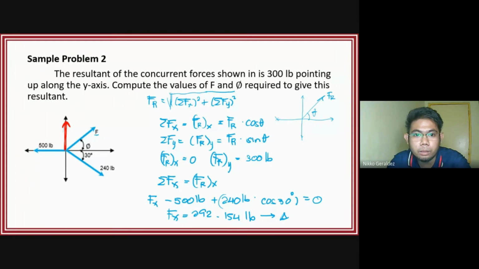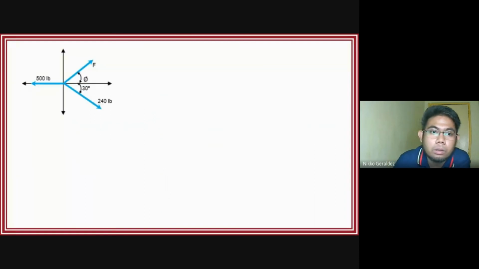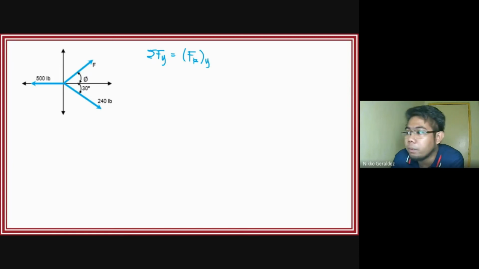So, y component. So, paano isa-solve ang y component? Ganun pa rin. Gamit naman tayo ng summation of forces along y is equal to the y component of the resultant force.